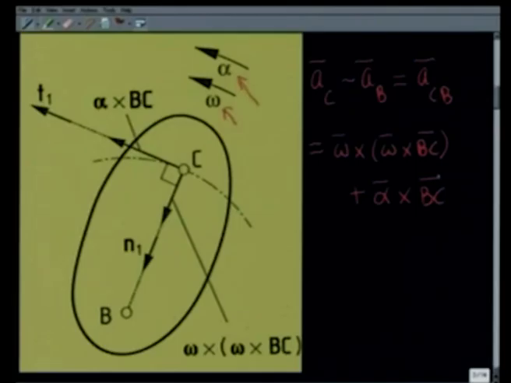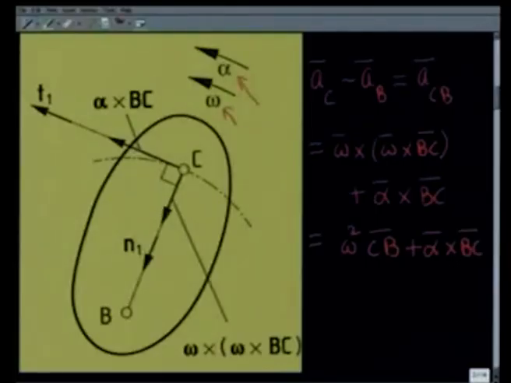Because omega vector is along the k direction and the BC vector is in the xy plane, it can be easily shown that the first term will be omega square CB, that is towards B from C, that is the vector CB, and the magnitude will be omega square into BC, and the tangential component will be alpha cross BC.